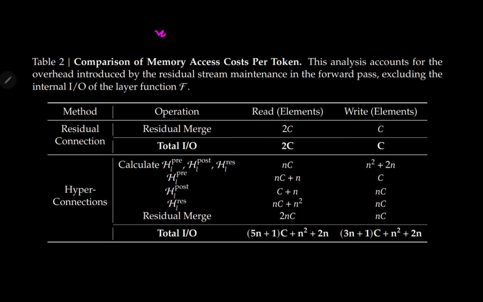And another thing that was a problem of HC was the GPU memory efficiency, which, as you may know, is one of the most important things, as modern GPUs have much more flops. The computation usually is not the bottleneck, but the GPU memory is.